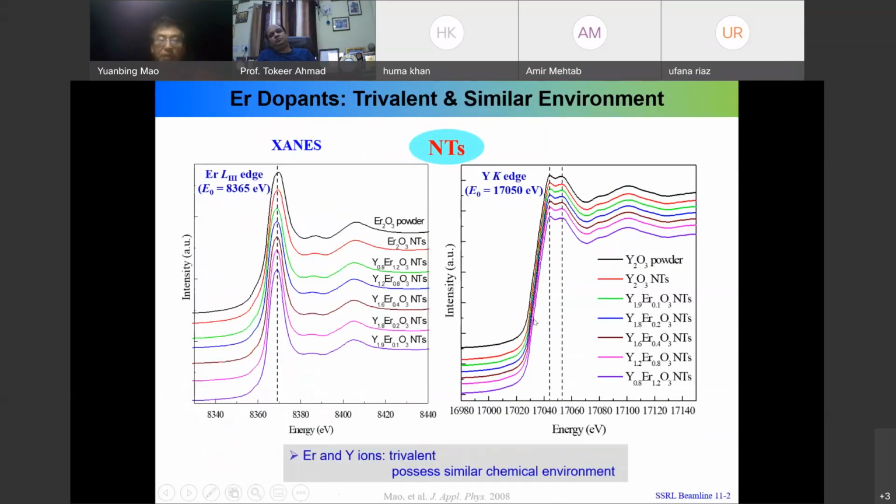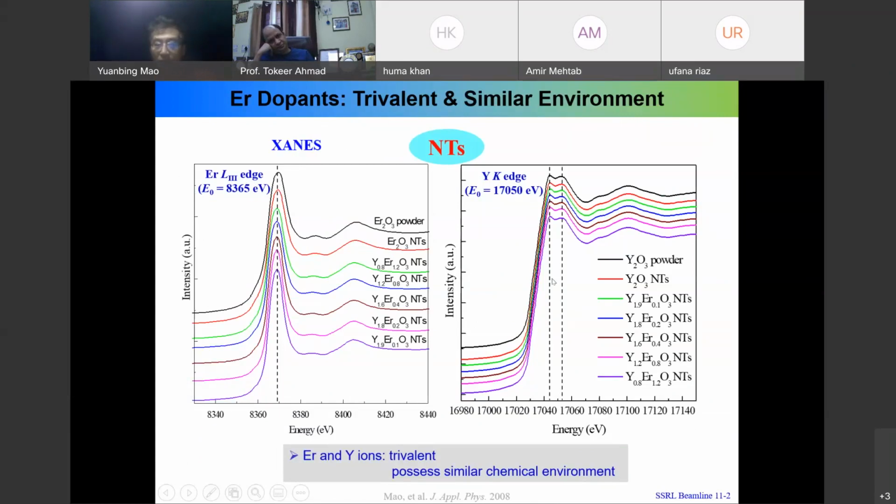So it's very detailed. And then the other thing is we also did X-ray absorption studies of the erbium dopants. The first thing is you can see that with the different erbium doping levels, we can see these peaks related to the erbium L3 edge at this position, and that tells us erbium is trivalent, as expected, right?